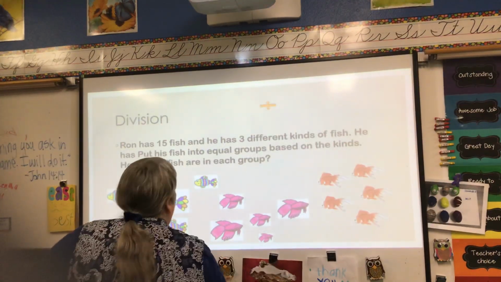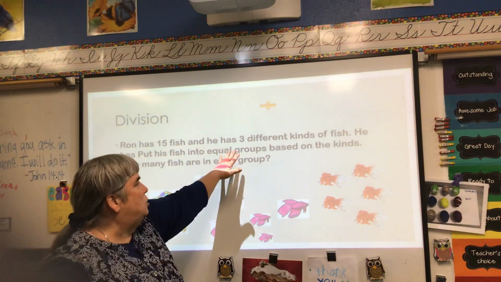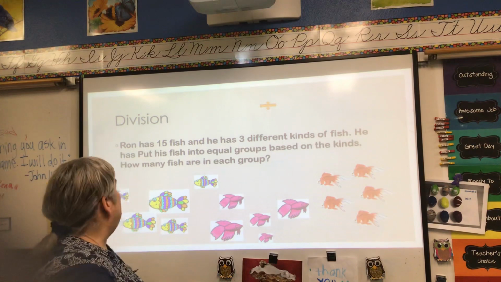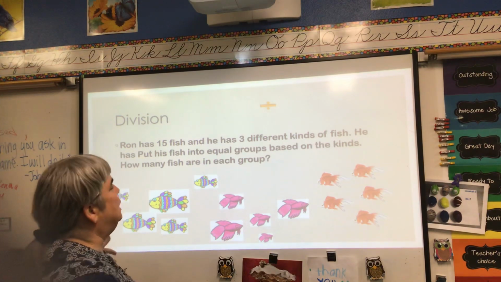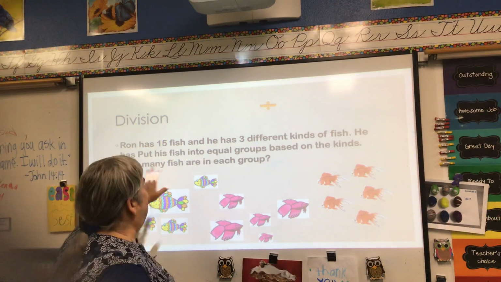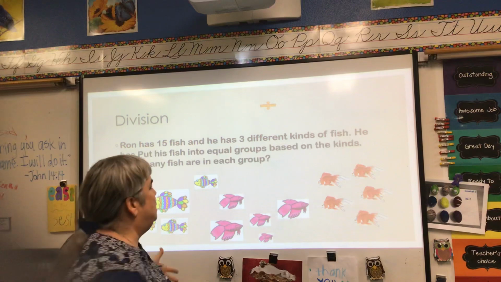Here we go. Division. Ron has 15 fish, and he has 3 different kinds of fish. So he has put his fish into equal groups. Remember, equal groups based on the kinds. How many different kinds? 3. So how many fish in each group?